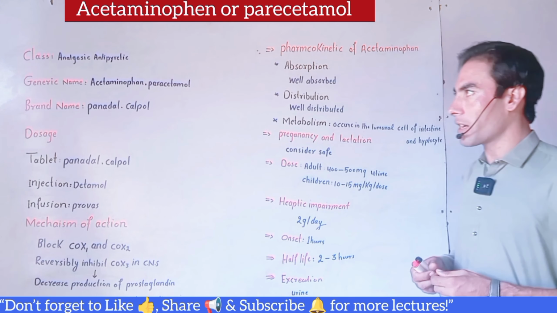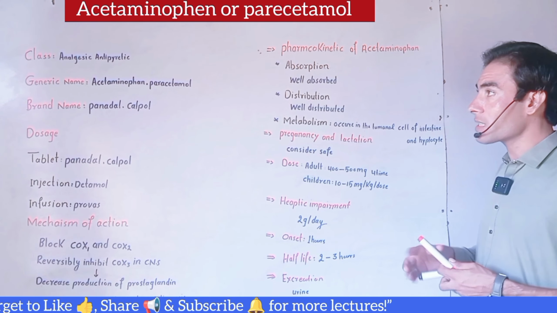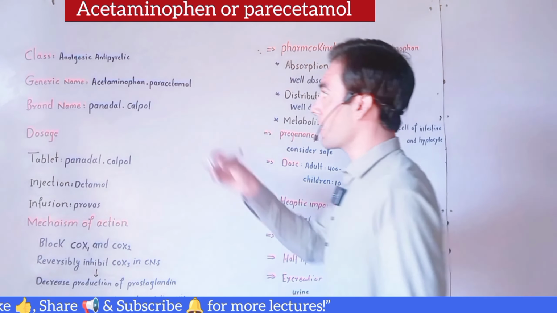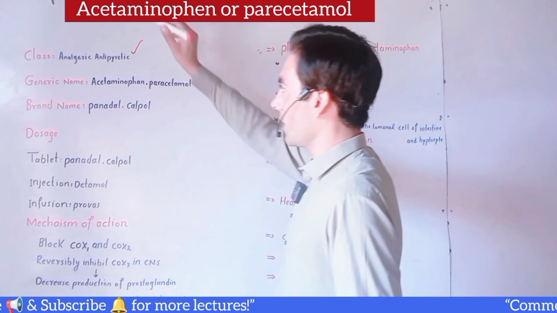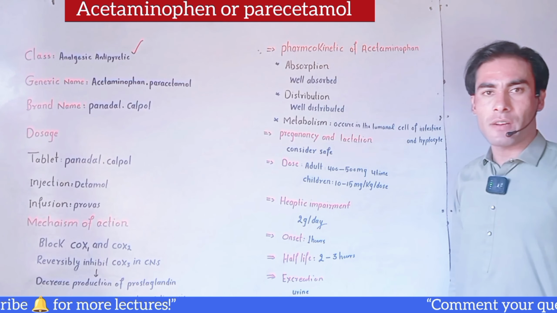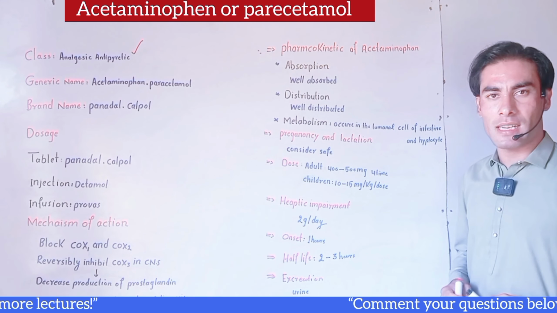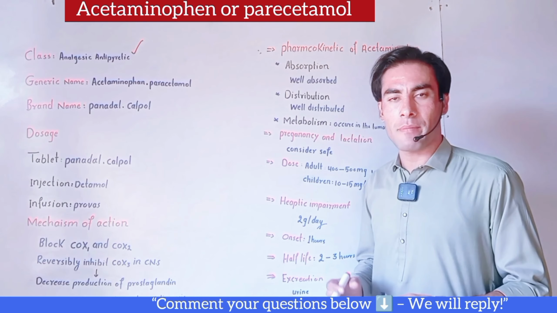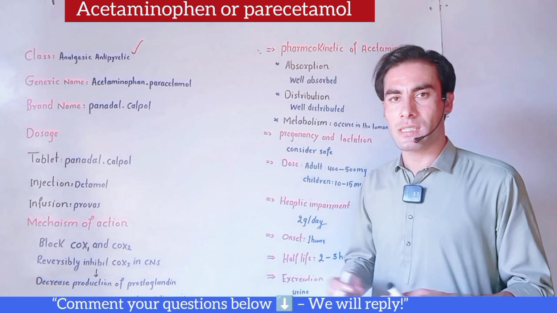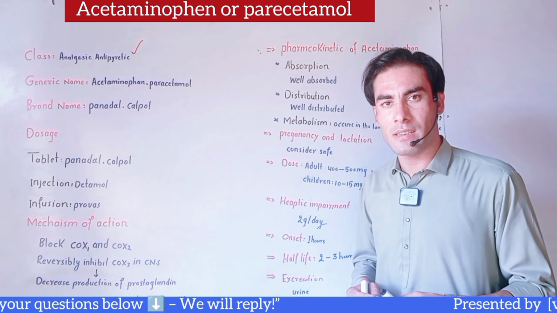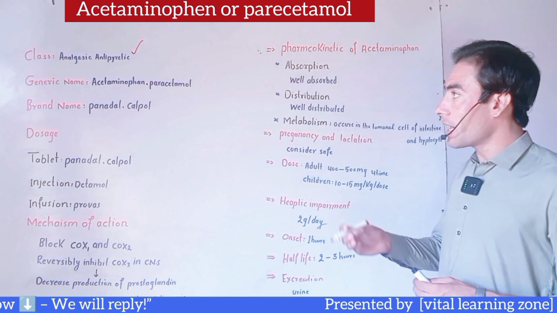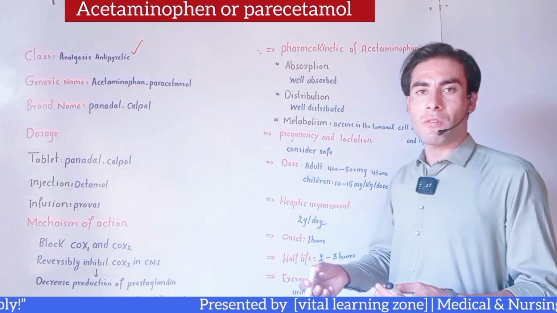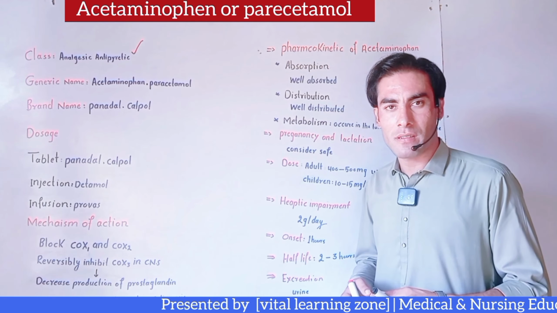So let's come to the introduction. Class: analgesic and antipyretic, as I have already explained. And one of the theories is the peroxide theory. Peroxide theory states that acetaminophen becomes inactive in the presence of peroxide. Peroxide is present in very large amounts at the site of inflammation.